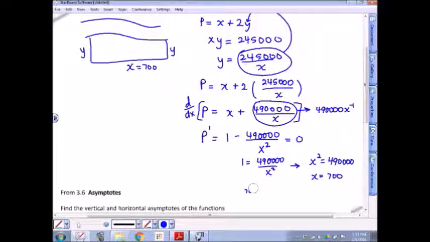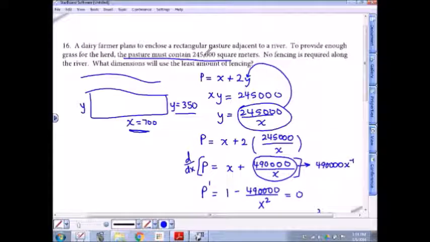Now, we want to find the value of y, and we can use this equation right here, 245,000 divided by 700 gives you 350. So these are the dimensions you want to use in order to have minimum perimeter that contains that area, 245,000 square meters.